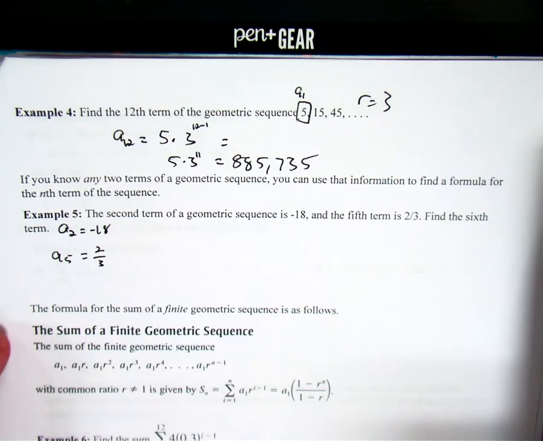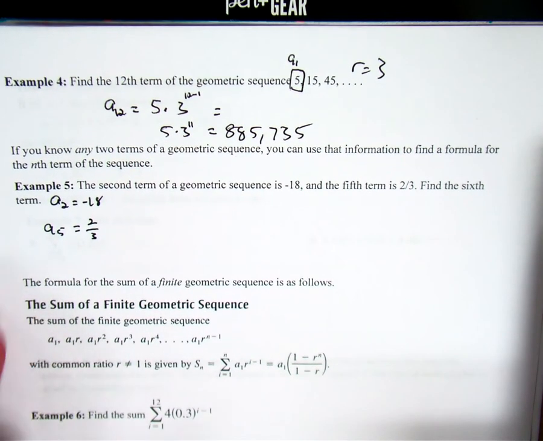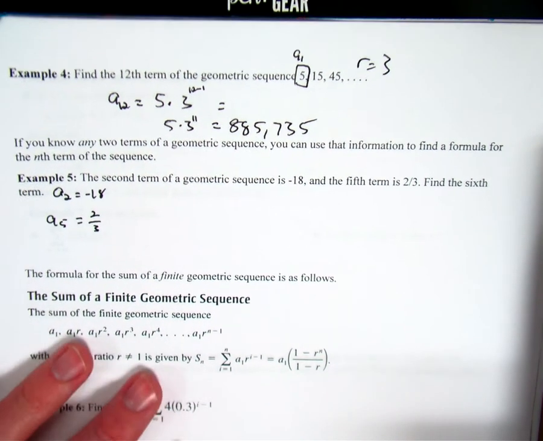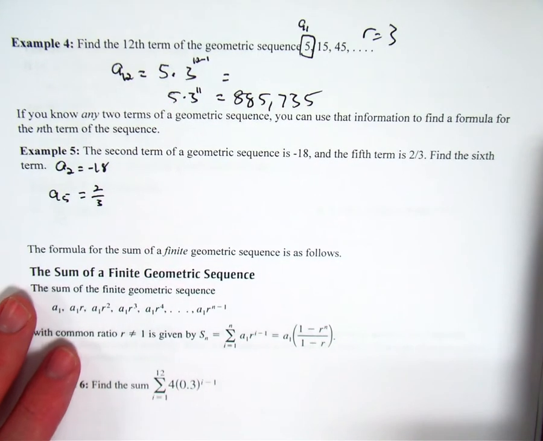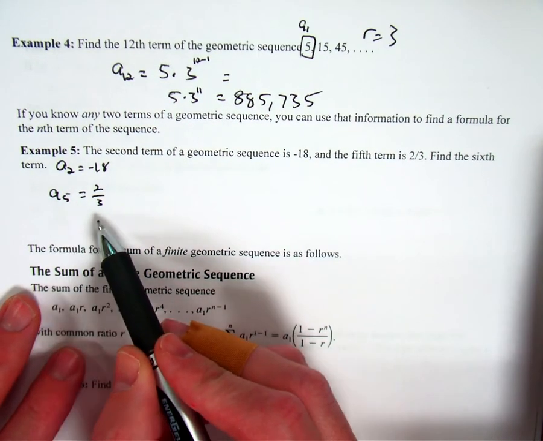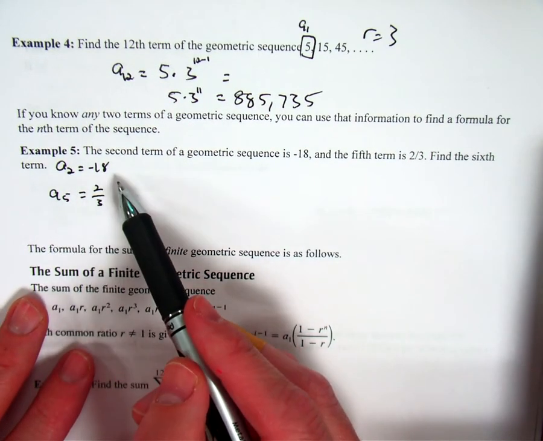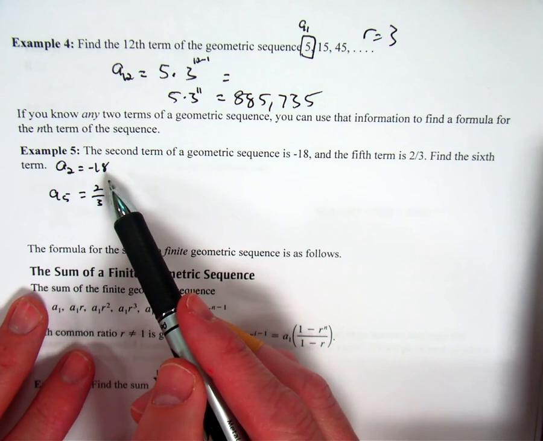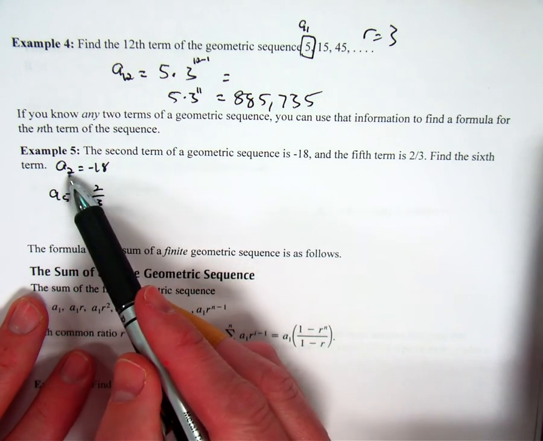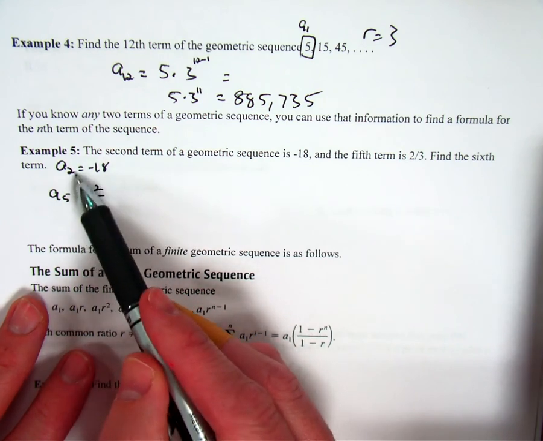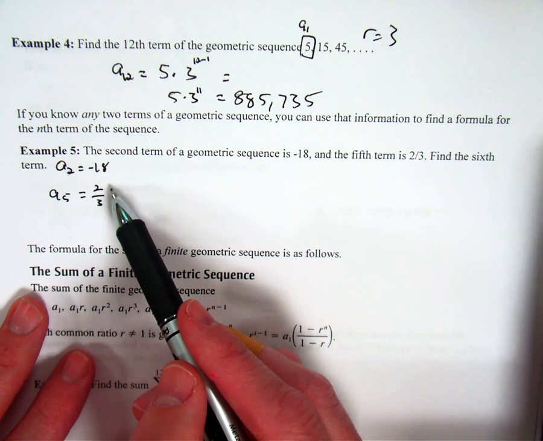So similar to what we would do with our arithmetic, but a little bit different. We've got to think a little bit more here. So A5, 2/3, would be how many times did you have to apply the ratio to A2? Okay, these are 3 apart, so I would have to do the ratio 3 times.